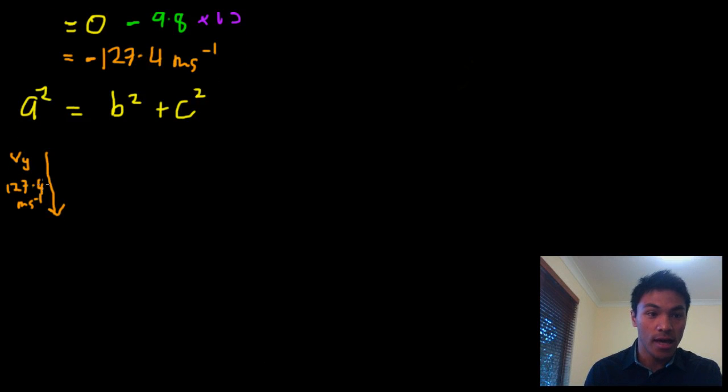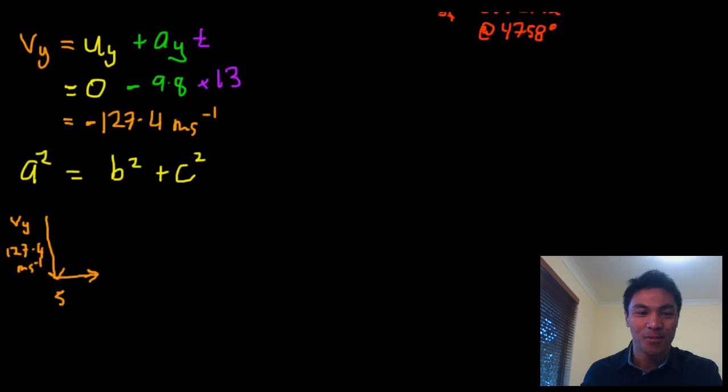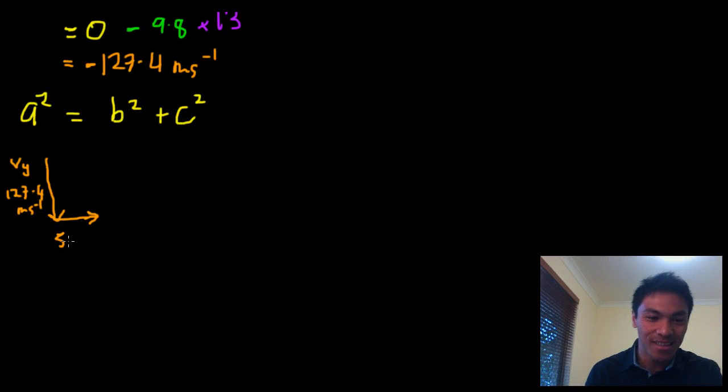So in the x component, in the horizontal component, the velocity is going to stay fairly constant. And let's do that more in actual scale. It's going to be more like this, really. So it's 58.2 meters per second.